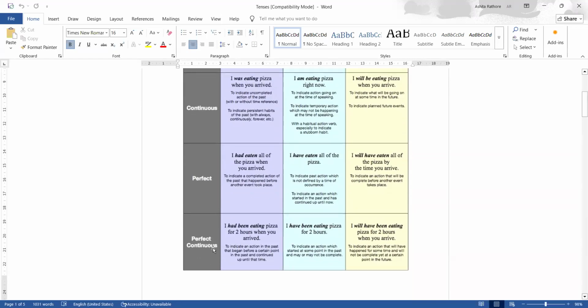And then when I talk about the perfect continuous, I want to assert on the idea that something started out in the past. It may be over, it may not be over. I do not know. Depending upon the tense and the context, I will understand that part. But it stretched on for a certain time, and that action is relevant to the next action that happened. It's important. So both of these senses come together, and that is where I use the perfect continuous.